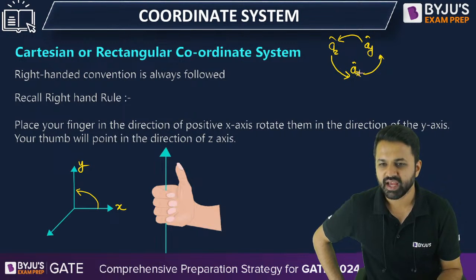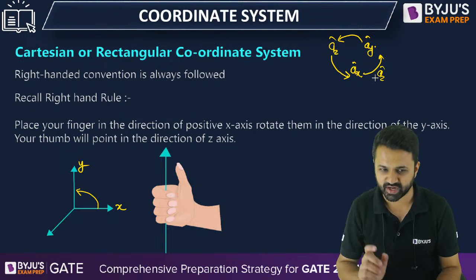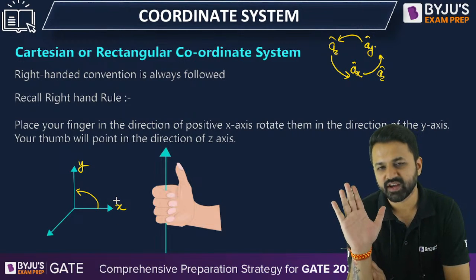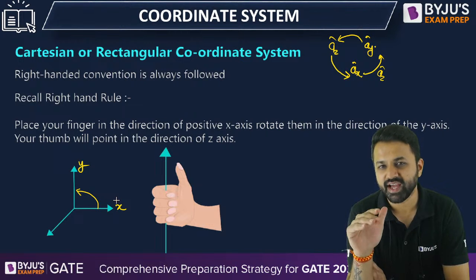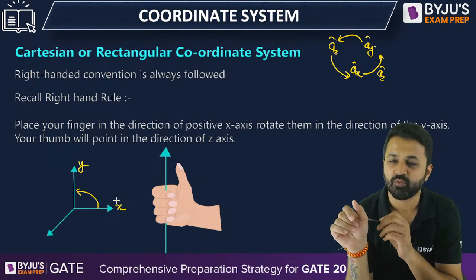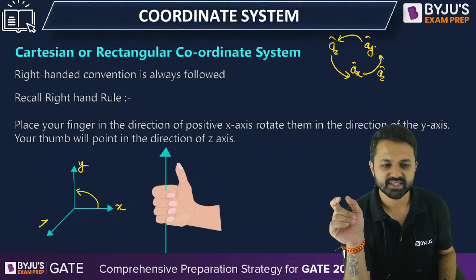According to this rule, AX cross AY gives AZ, right? So when you take the cross product of AX and AY, you get AZ. Similarly, when you curl your finger from the x-axis to the y-axis, the direction the thumb points becomes your z-axis.